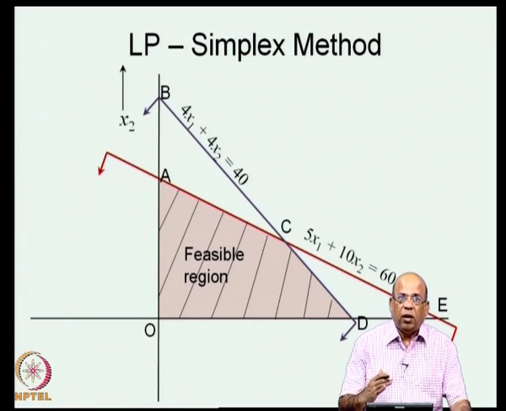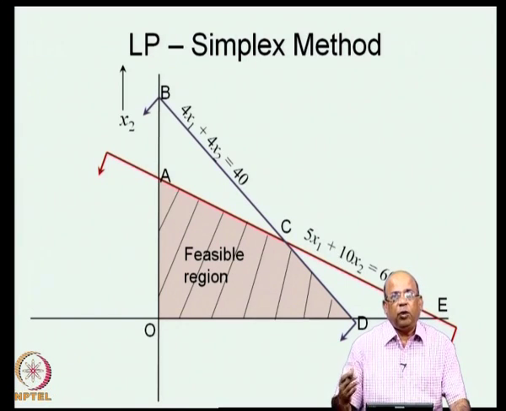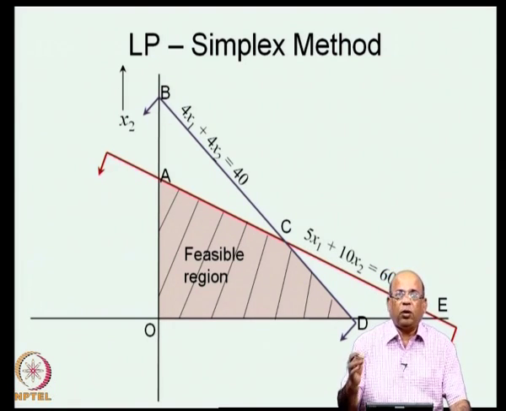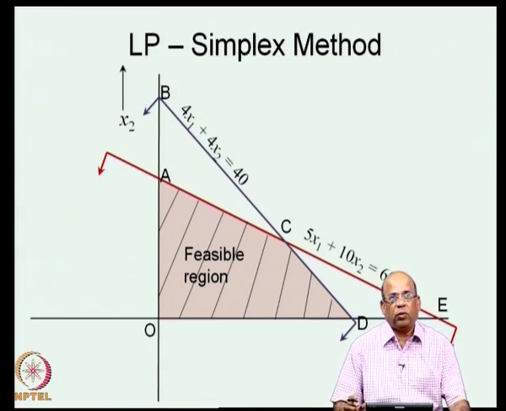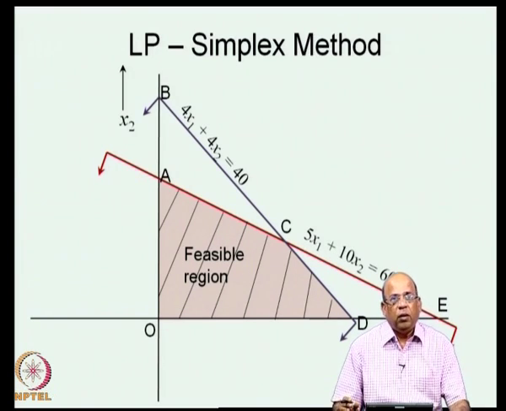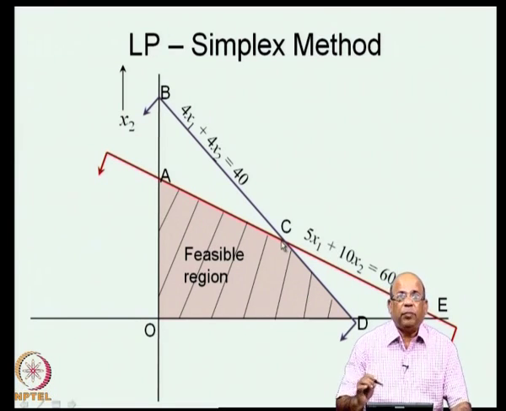Each time ensuring that there is an improvement in the objective function, until there is no further improvement possible, or you have exhausted all the corners if you want to enumerate exhaustively, or you attain a point beyond which no further improvement in the objective function is possible, and that becomes the optimal solution.